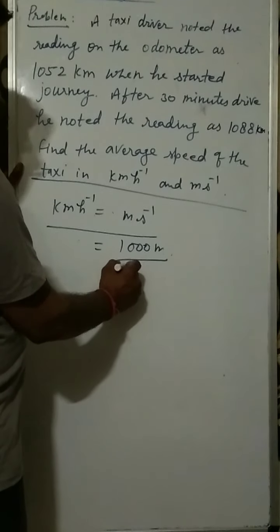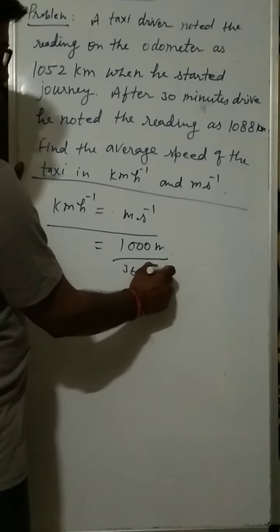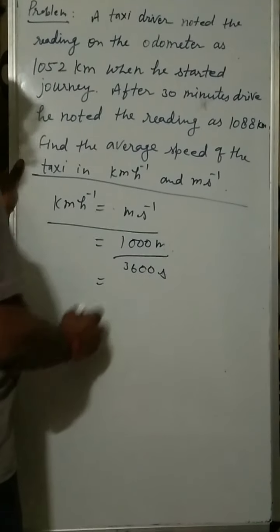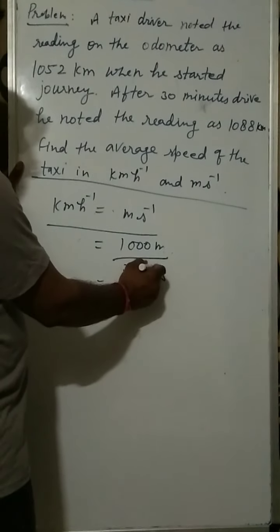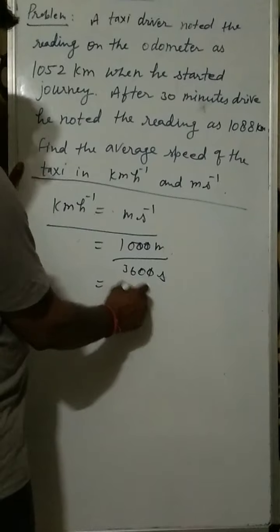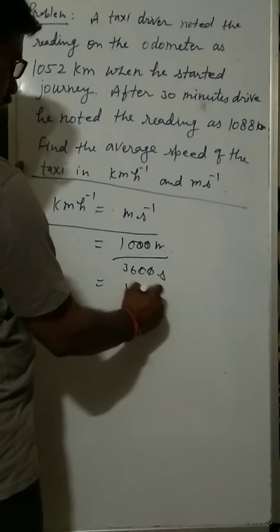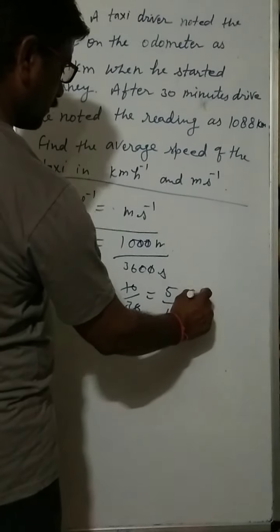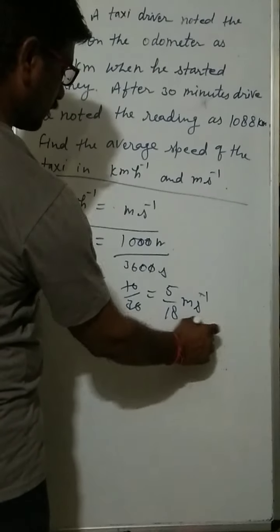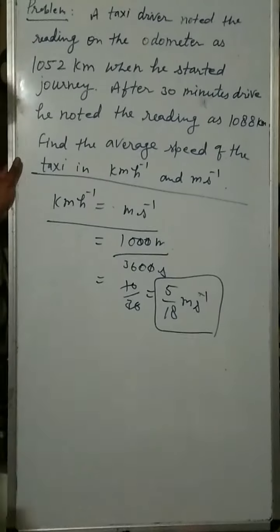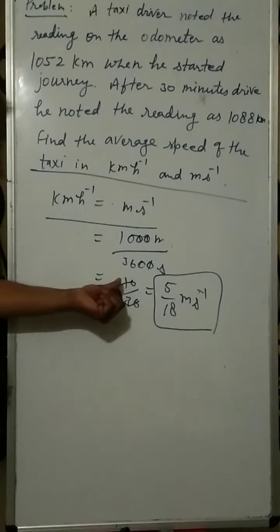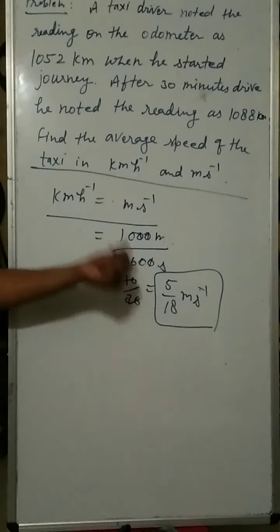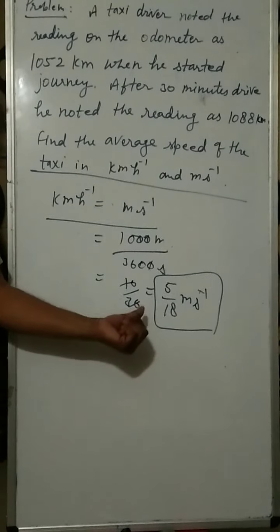How many seconds in an hour? 3600 seconds. So if we convert it, 10 upon 36, and that is equal to 5 upon 18. So whenever kilometer per hour is given, you have to multiply it with 5 upon 18.